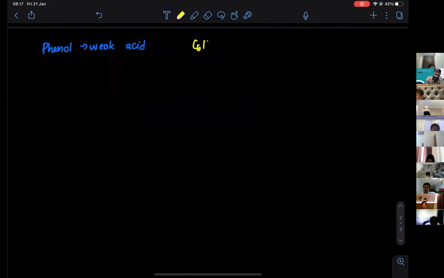First, you need to know that phenol is a weak acid. Why is phenol a weak acid? Phenol, C6H5OH, is partially dissociated to give C6H5O minus plus H plus, and this is a phenoxide.